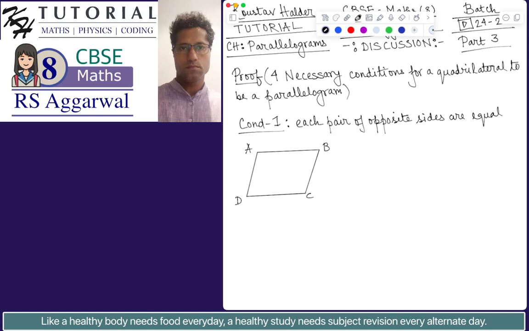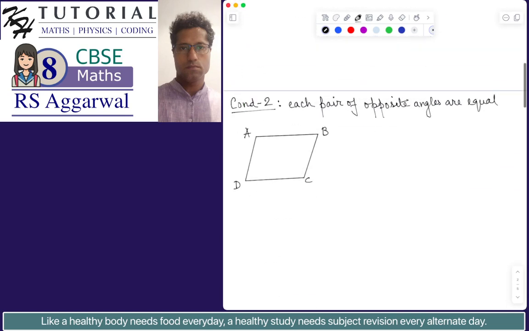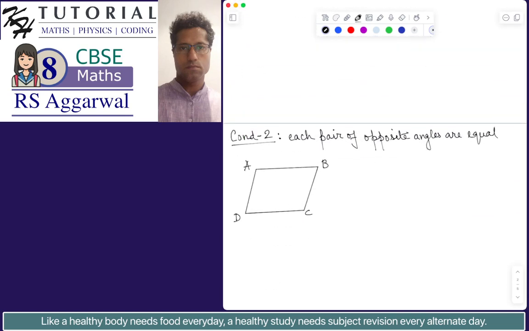Condition 1 is that each pair of opposite sides are equal. So if in a quadrilateral both pairs of opposite sides are equal, it will be a parallelogram. Condition 2 is that if each pair of opposite angles are equal, then also the quadrilateral will be a parallelogram.